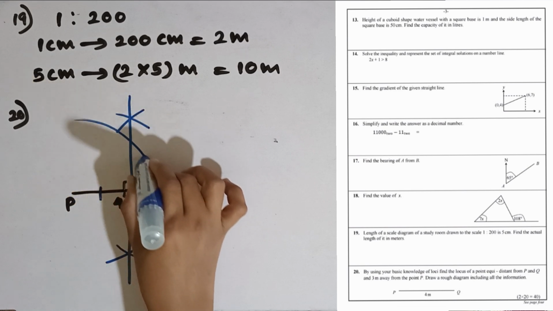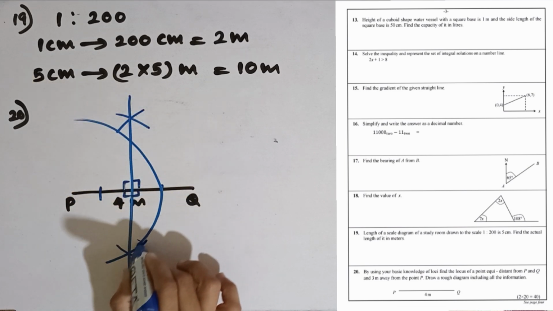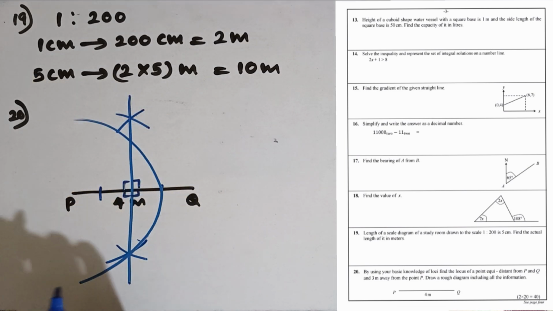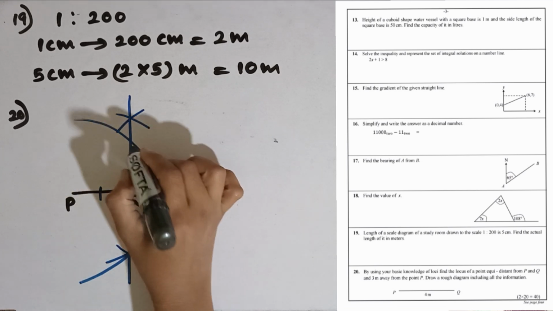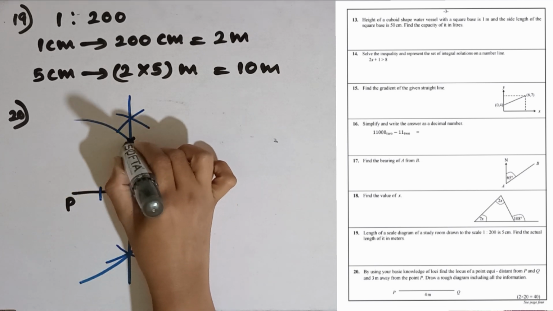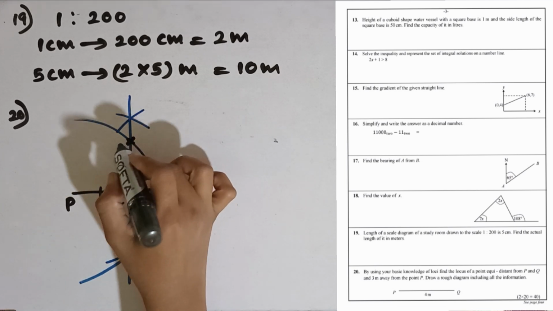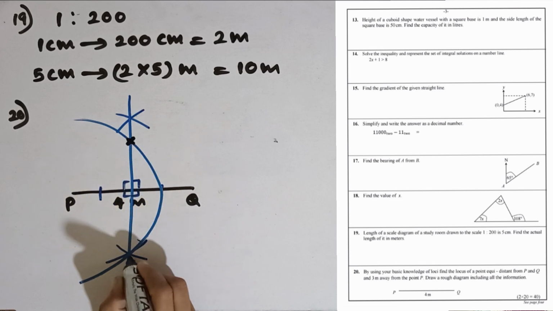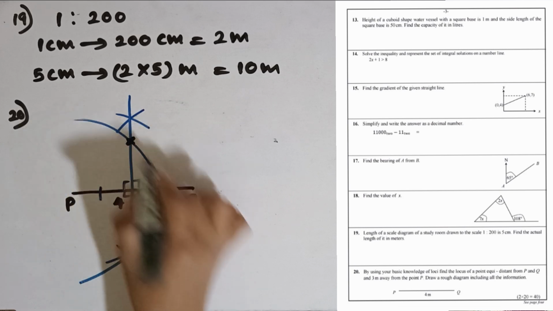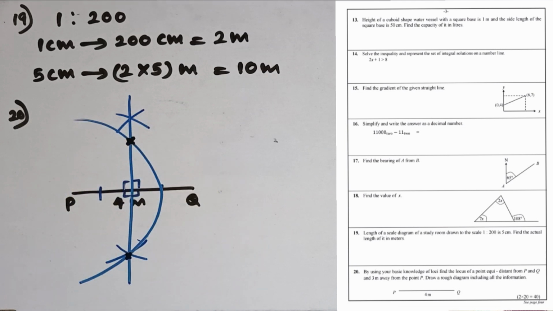So we can draw a circle like this. So we can now mark 2 points here. This one, and this one, the intersecting points of the 2 loci. These 2 are the locus we need for this question.